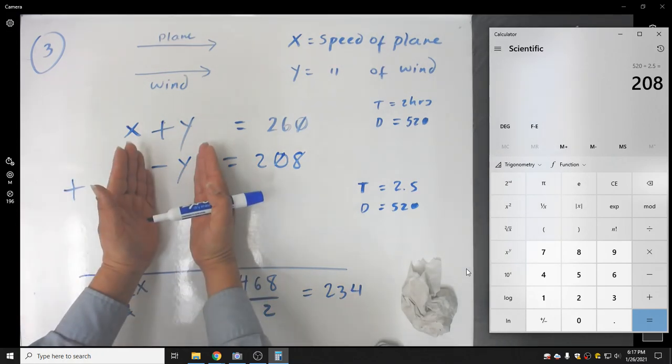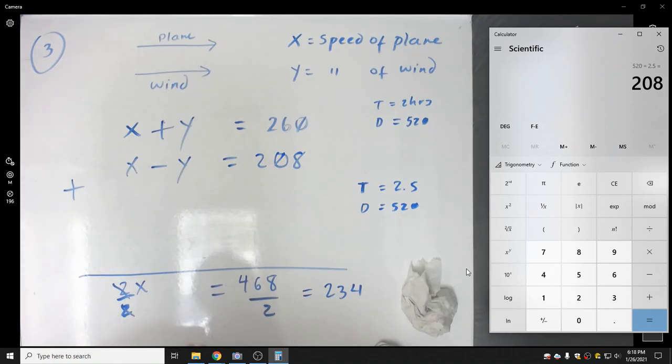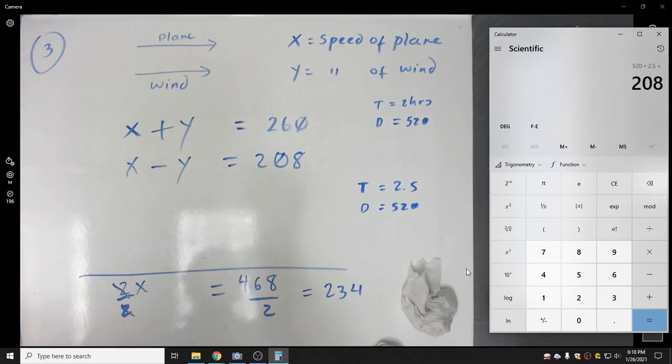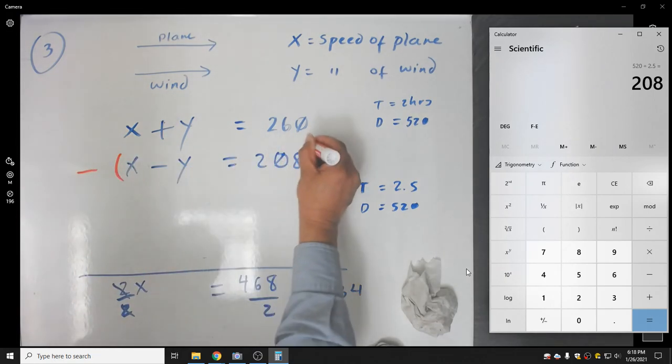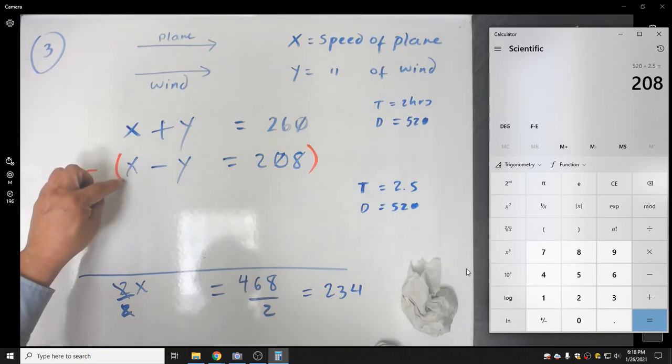Why don't we eliminate the other variable now? Before, we eliminated y to solve for x. How about we now eliminate x to solve for y? We could do that. All we have to do is subtract the bottom equation from the top one, so that x minus x cancel out.